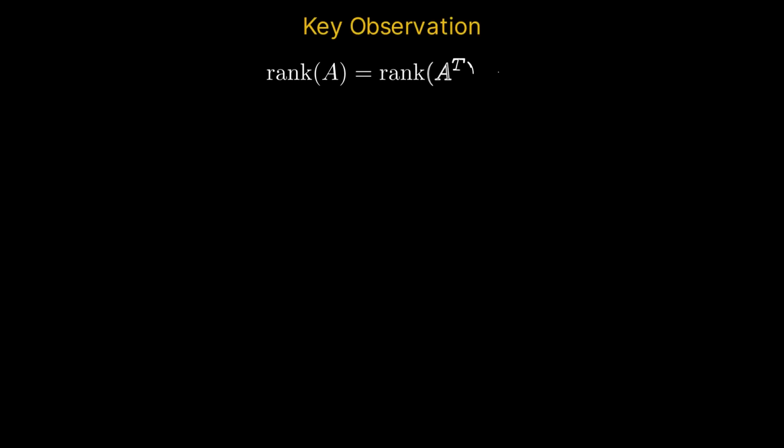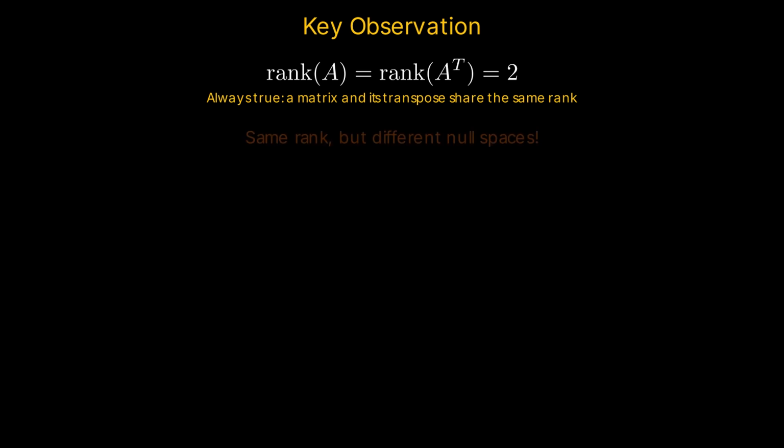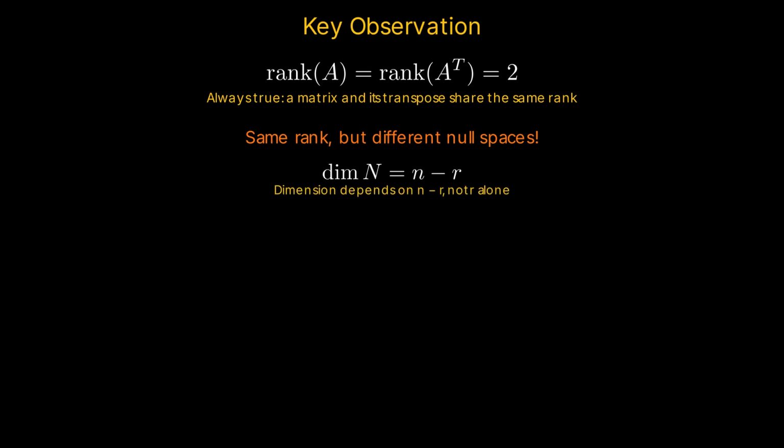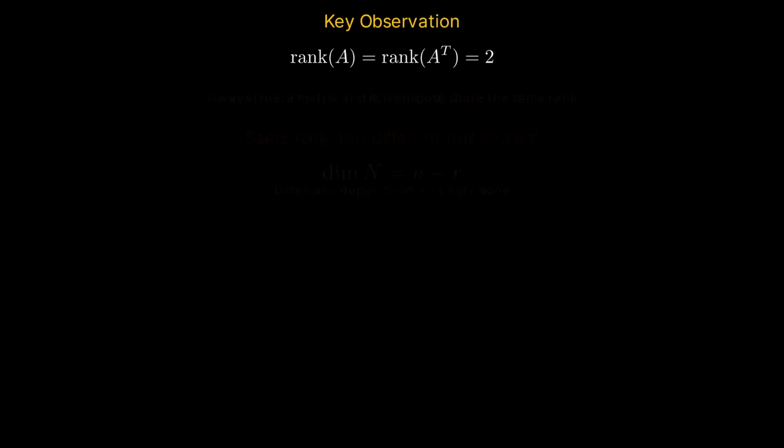Here is an important observation. Now the rank of A equals the rank of A transpose, both equal 2. This is always true. A matrix and its transpose always share the same rank. However, even though they have the same rank, they have different null spaces. Why? Because the null space dimension depends on n minus r, not on r alone.